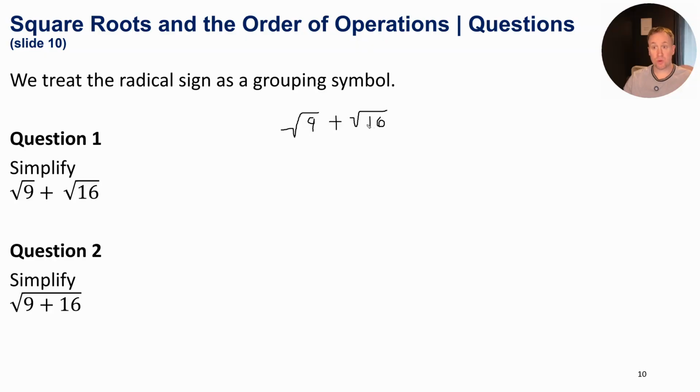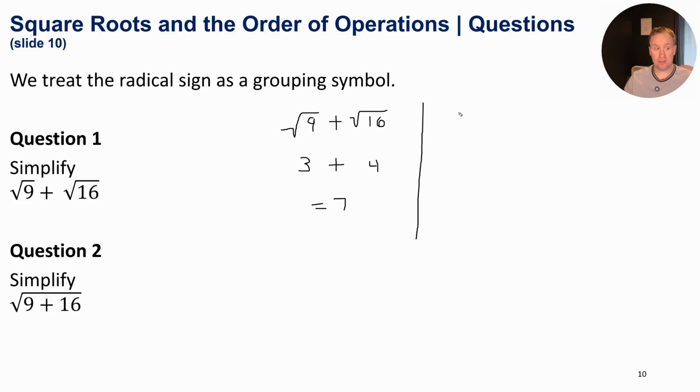In this case, we are going to do what's under each sign first, and then sum or add these together. So the square root of 9 is positive 3, while the square root of 16 is positive 4. Then we add these two numbers together, 3 plus 4, and we get an answer of 7.